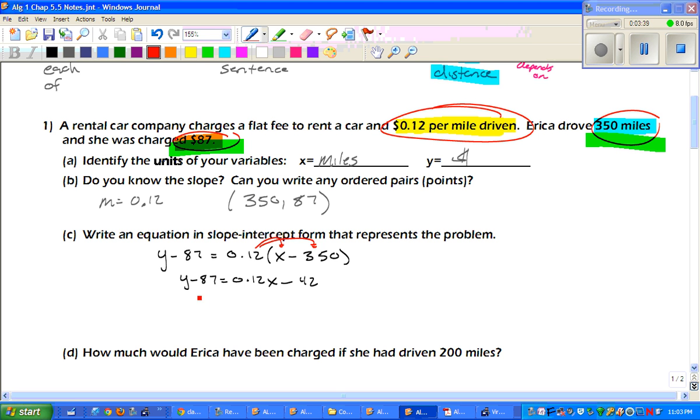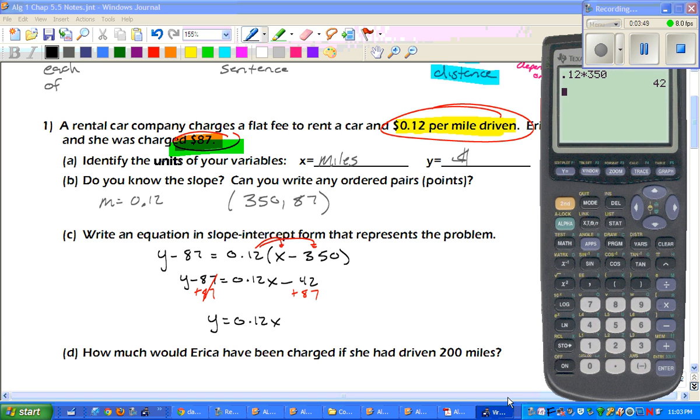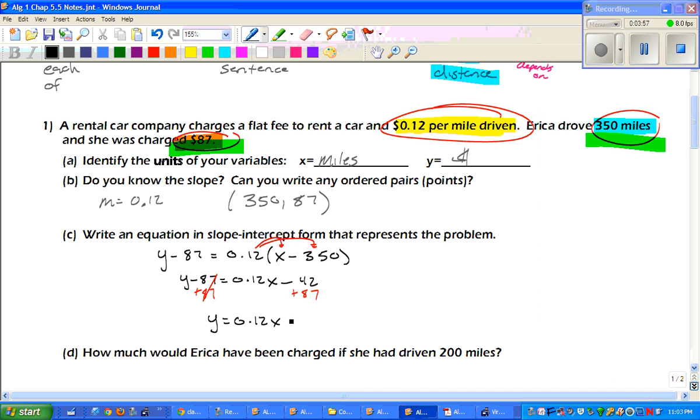And now to solve for y, we add the 87 to both sides, and we get y equals 0.12x, and then negative 42 plus 87 gives us positive 45.